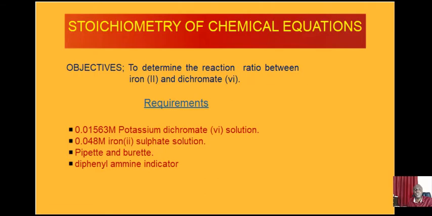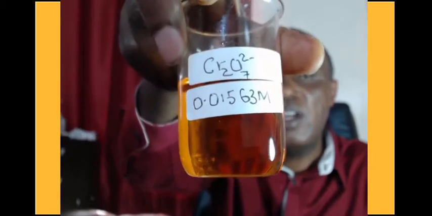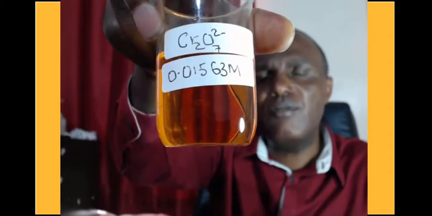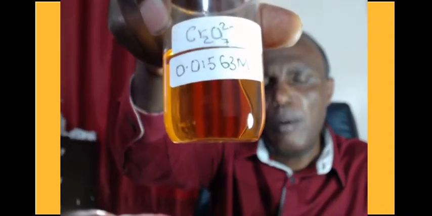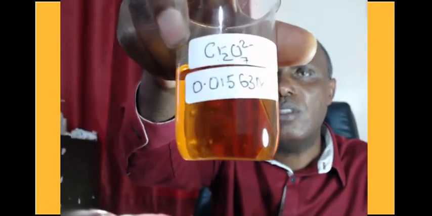The dichromate solution is 0.01563 M, and we also have 0.048 M. Dichromate(VI) is orange, and it is an oxidizing agent, and whenever it oxidizes, itself is reduced to chromium(III). Chromium(III) ions are green, so in many cases when it undergoes reduction to chromium(III), the solution turns green, and its concentration, as you have seen, is that one.